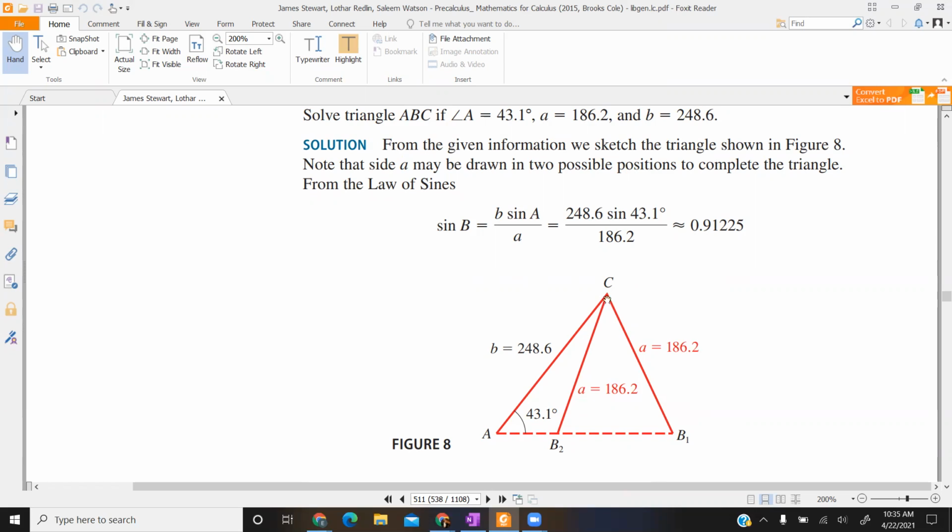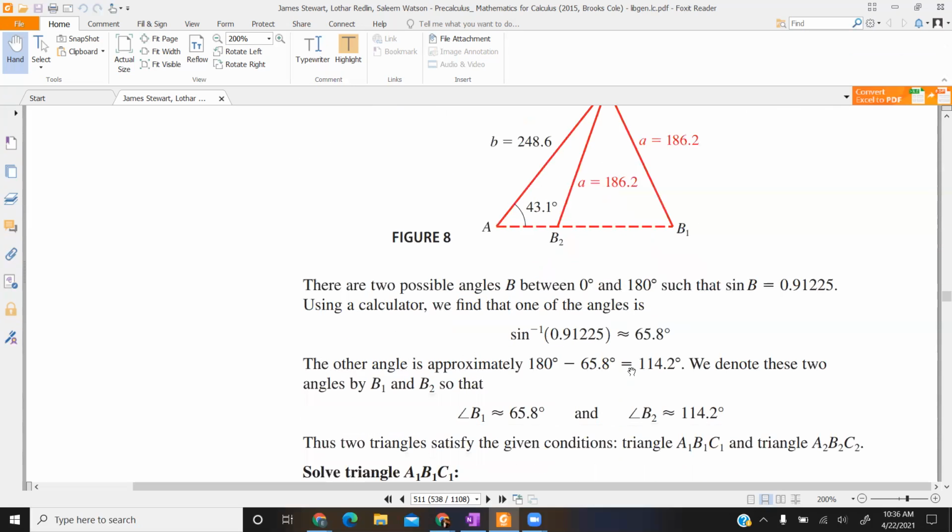If you draw that, you get these two triangles superimposed on each other in a sense. The difference in the triangles is going to be this side length C. We have this short segment, or this whole long segment, and so you have these two angles that you could possibly get.